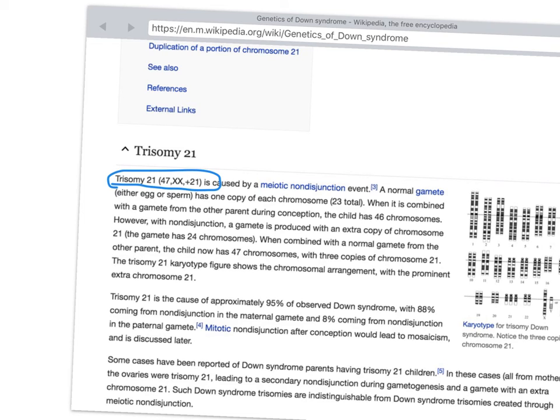So that's the karyotype for Down syndrome: 47, so 46, 2 pairs of 23 plus 1, 2 X chromosomes, and then plus 21. The plus 21 indicates that one of those 47 chromosomes is an extra copy of chromosome 21. You don't need to know that for the exam.